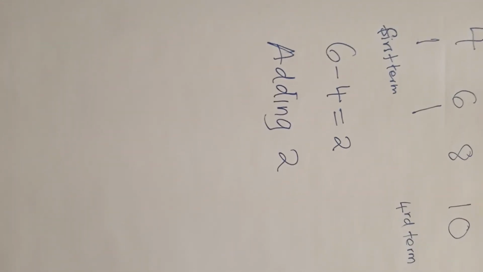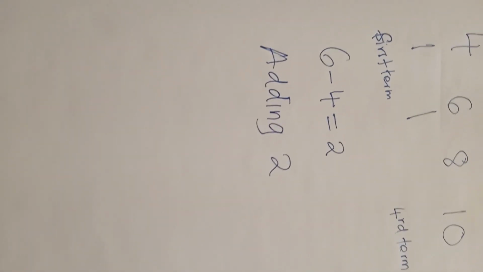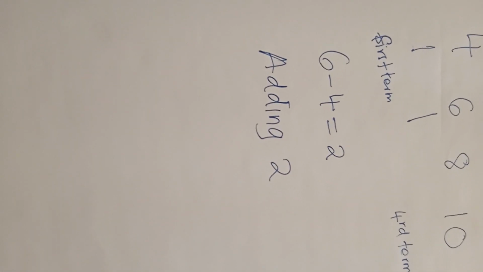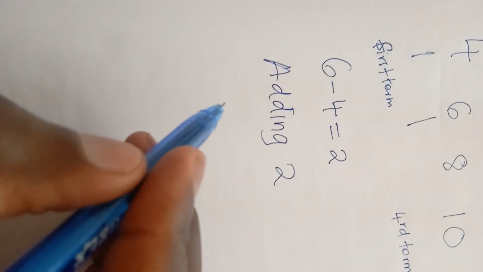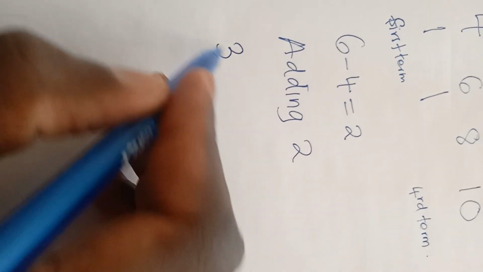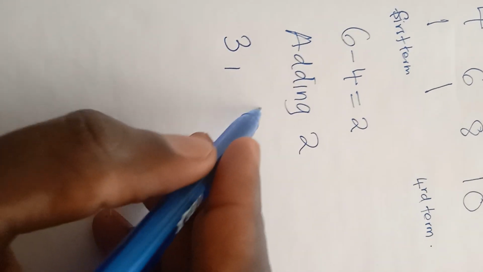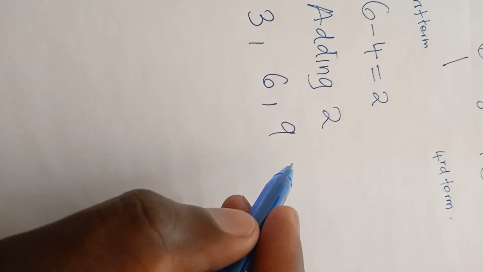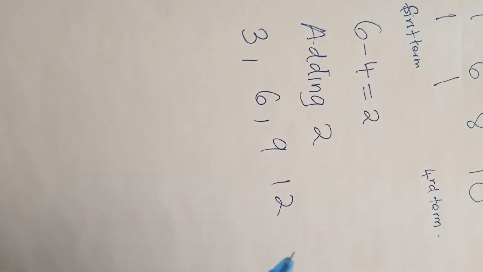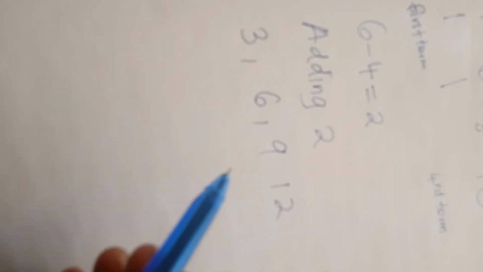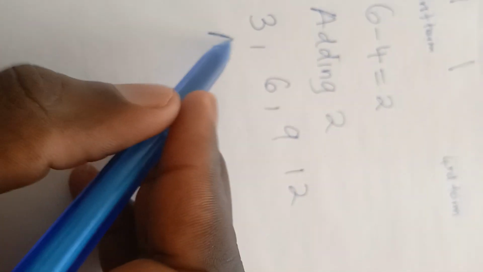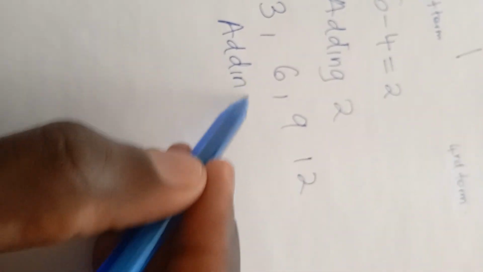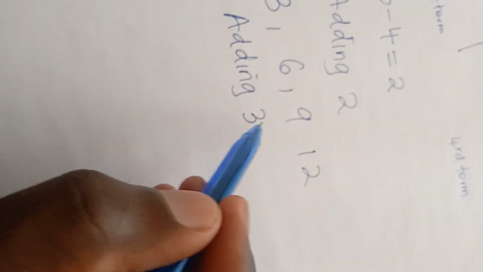That's what we call the term-to-term rule. If you have another sequence where you're starting with 3, then 6, then 9, then 12, the term-to-term rule here is adding 3.